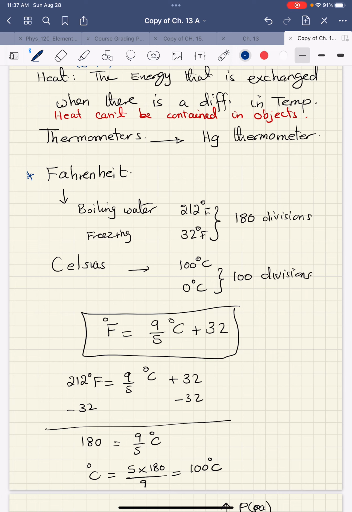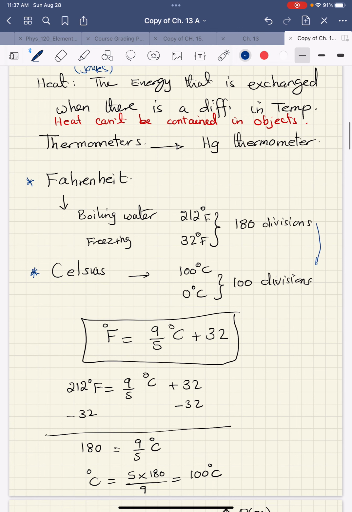When we compare it to Celsius, Celsius considers 100 for boiling and 0 for freezing, and therefore it is 100 divisions. If I compare, we're going to find that the size here for Fahrenheit should be less because there are more divisions.